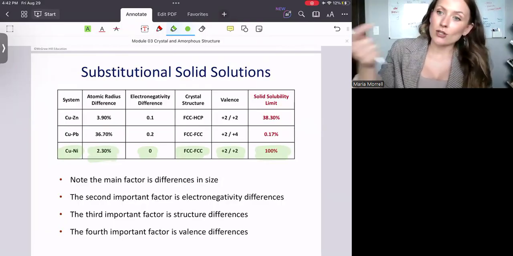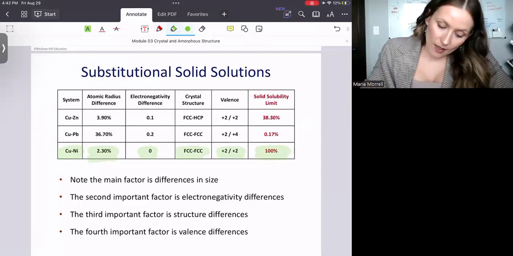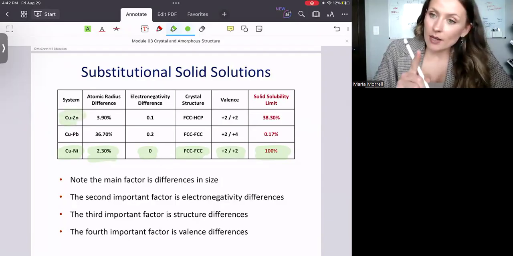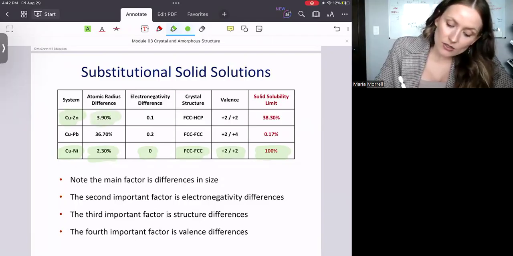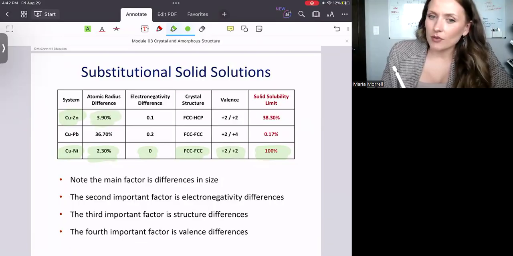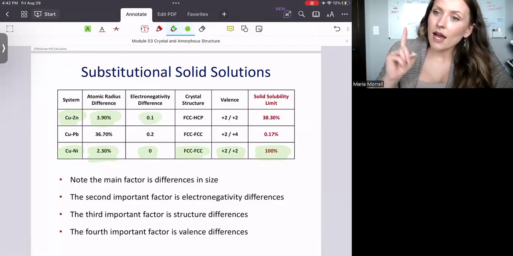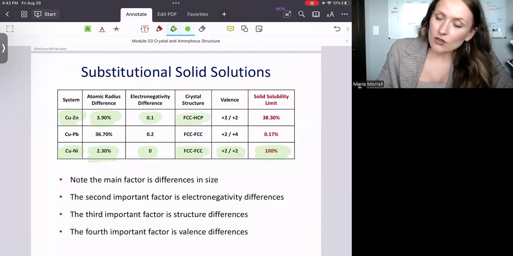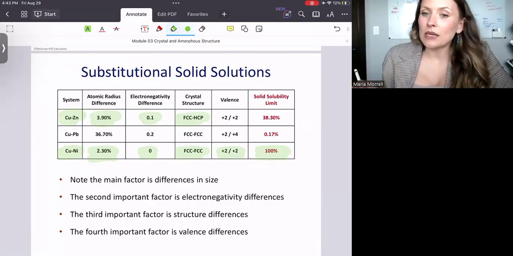From pure nickel, you can actually go backwards to a pure copper, right? Now let's look at another example. Same copper, but this time instead of nickel, I'm trying to dope it with zinc. If you look at the atomic difference, it is still pretty acceptable, about 4%. There is a slight electronegativity difference. However, there's a significant crystal structure difference, right? We are looking at FCC and HCP.